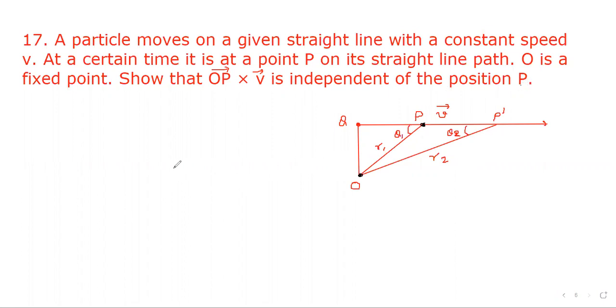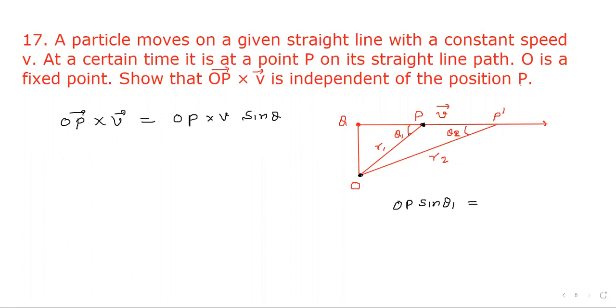So let's find out what OP cross V is. OP cross V is OP into V into sine theta. Now, we try to find out OP sine theta. So this angle is theta 1. So OP sine theta 1 must be equal to R1, so here this is the R1 vector.